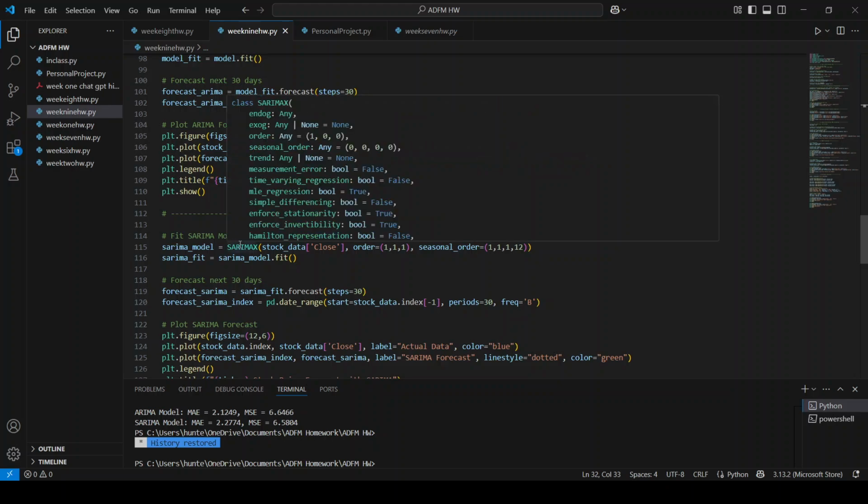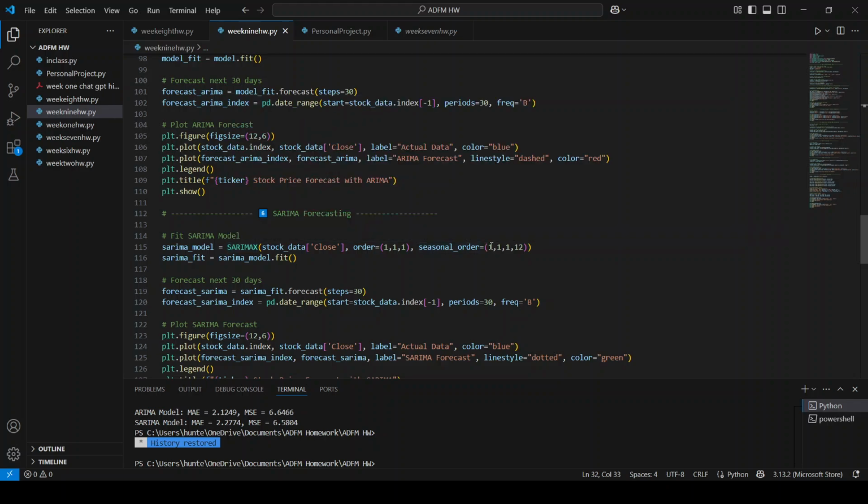115, SARIMA. This adds seasonal adjustments to the ARIMA. So the seasonal order here, 1, 1, 1, 12, detects yearly patterns. Line 119.